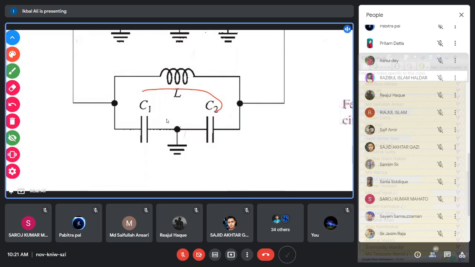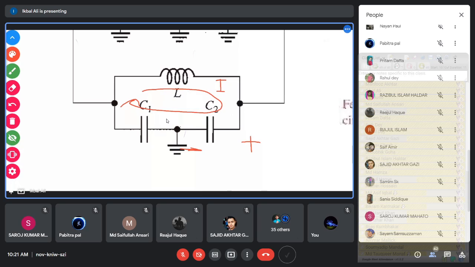So if we assume a current flowing through this beta network like this, with magnitude I, then this current flows through C2 and produces a voltage across C2 in this direction, that is, plus will be this side and minus will be this side. So this is the direction of the polarity. When the current I passes through this capacitor C2, it generates plus and minus here, and the voltage across the capacitor C2 is also the output voltage.